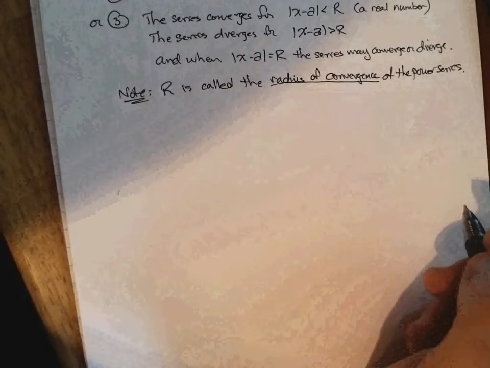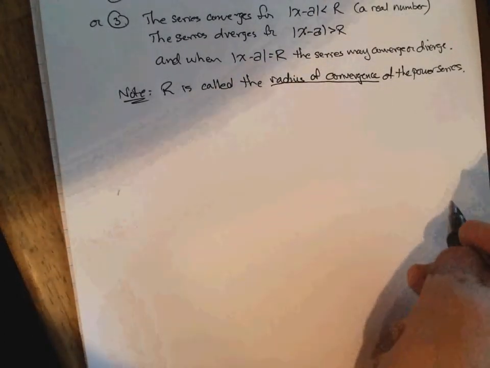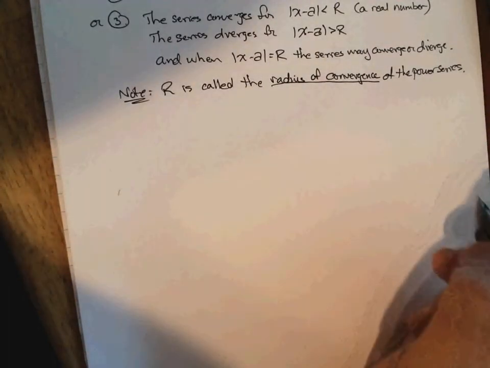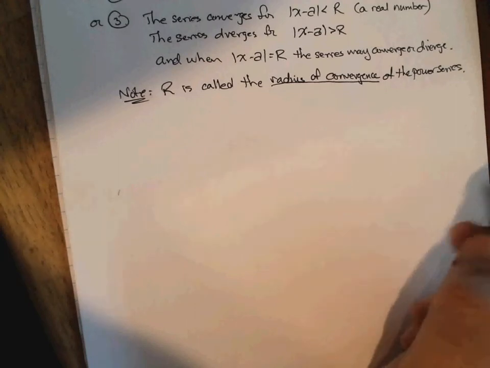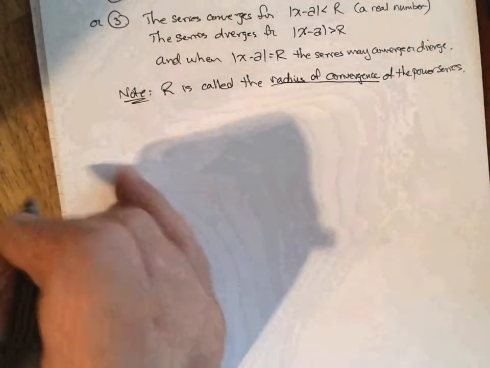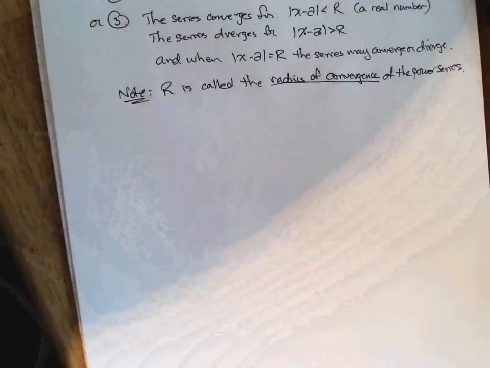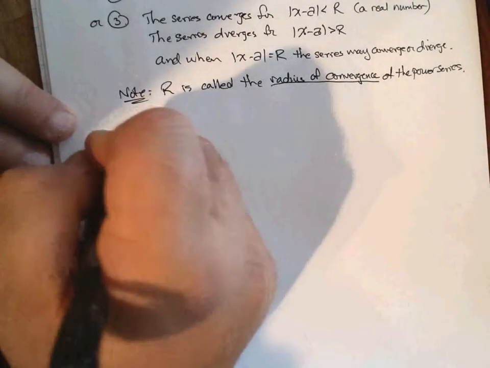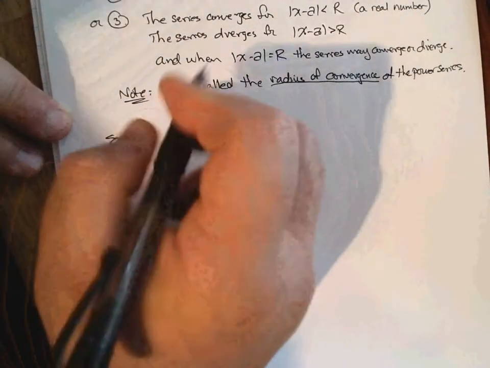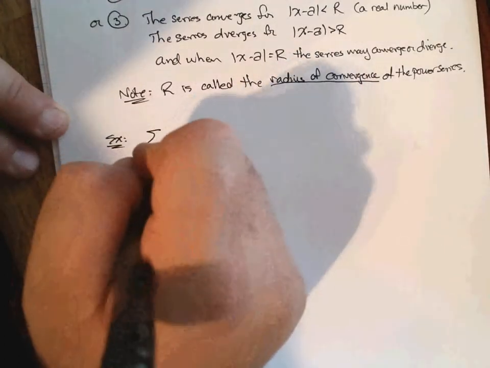All right. So let's look at an example here, so that we can understand for sure what we're talking about when we talk about the interval of convergence and the radius of convergence. Let's go back to our example here of this power series.